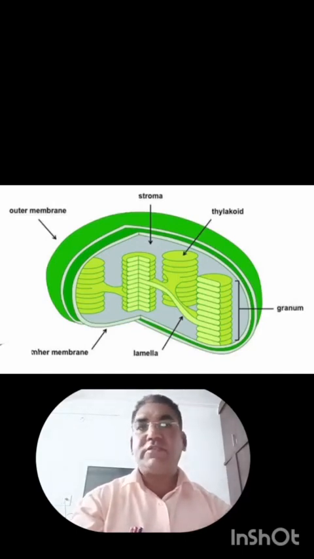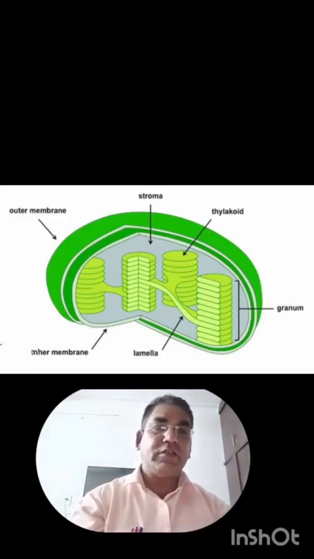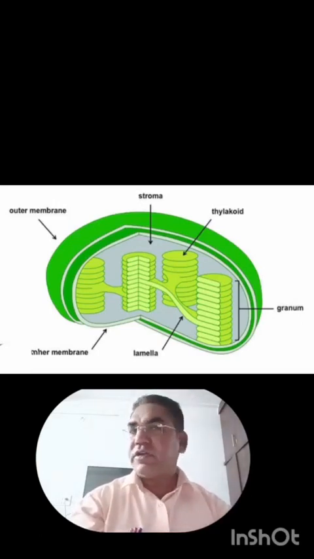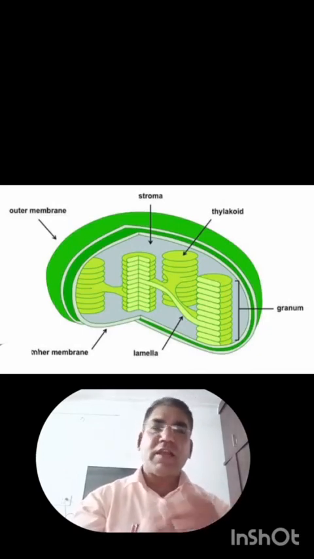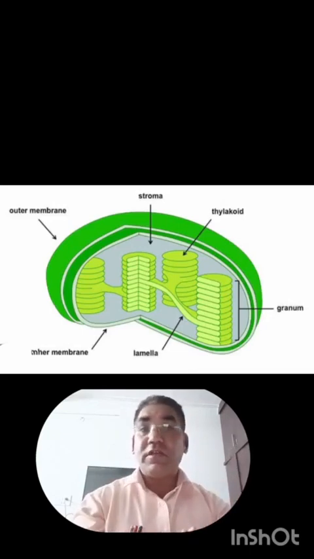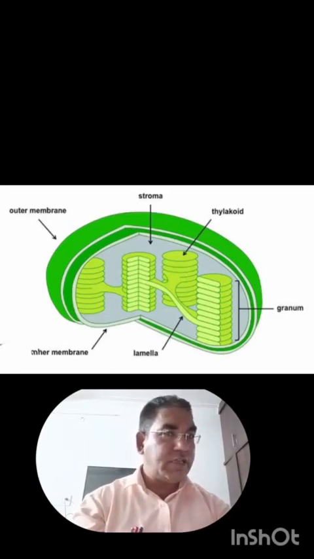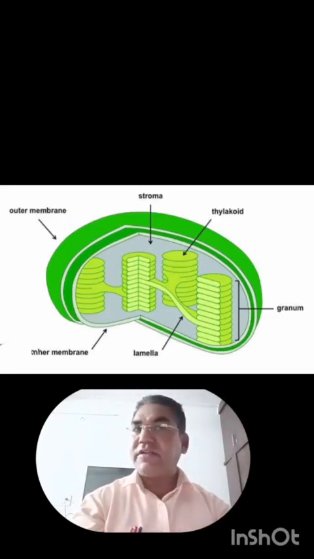The granum is the site of the light dependent reaction of photosynthesis, so it is known as the site of light reaction. In the stroma there are a number of enzymes present, and these enzymes are associated with the dark reaction, the light independent reaction.